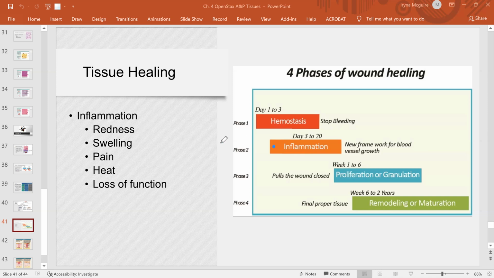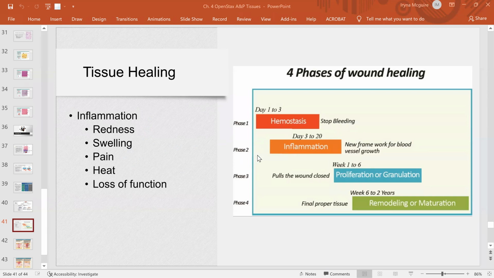Now, what is inflammation? Inflammation has these 4 and sometimes 5 signs. Inflammation means the site of injury will be red, you have swelling, you have pain, you have heat, and sometimes loss of function.